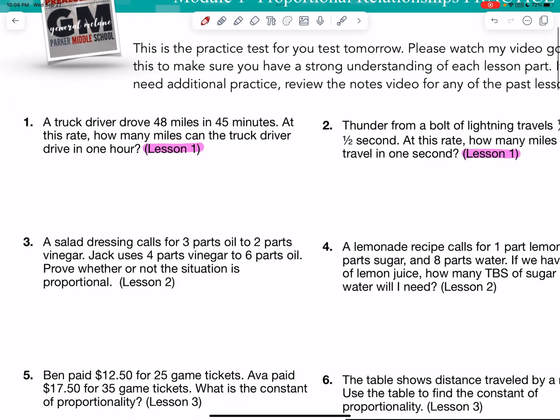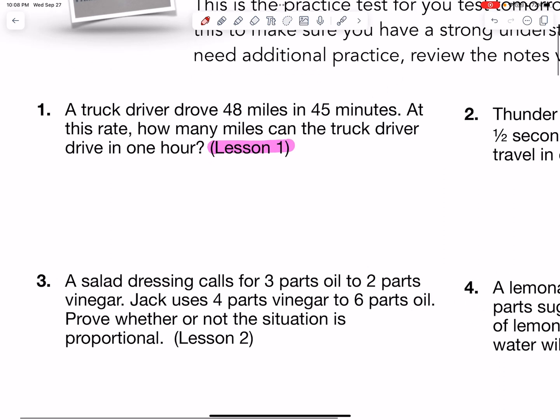Number 1. A truck driver drove 48 miles in 45 minutes. Identify, that's my ratio. At this rate, how many miles can the truck driver drive in 1 hour? Since they're asking about 1 hour, I know they are asking for my unit rate. So this is a unit rate problem. So we have 48 miles in 45 minutes.